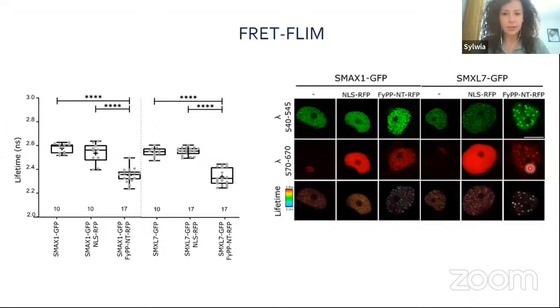A similar observation was already described for the interaction between SMAX7 and D14. SMAX7 can also change the localization of D14 and drag it to these nuclear speckles, and the same with TOPLESS proteins.